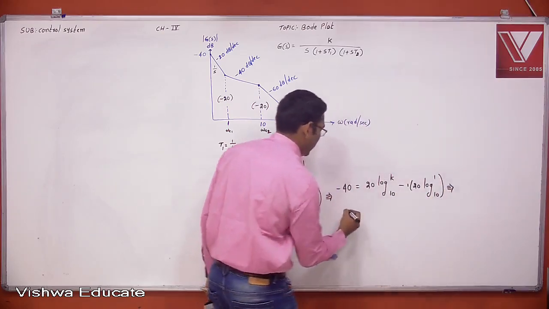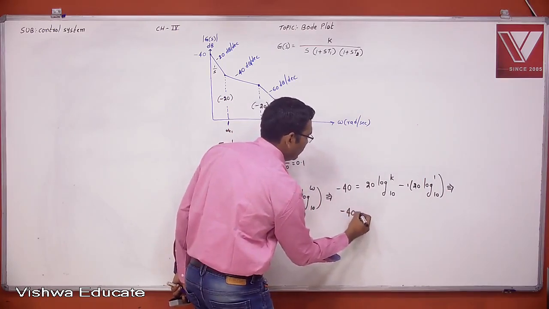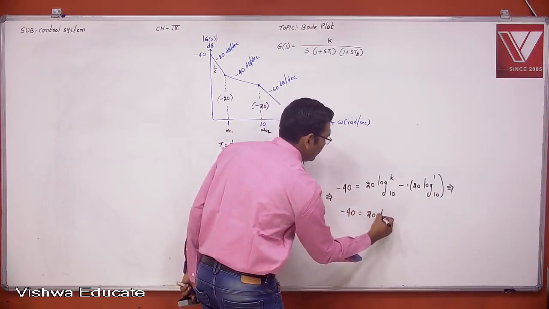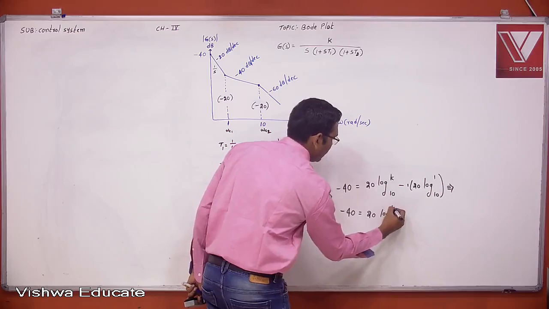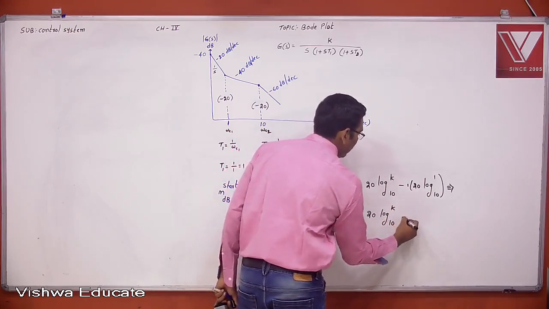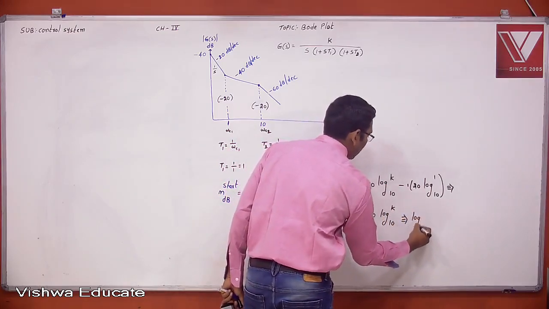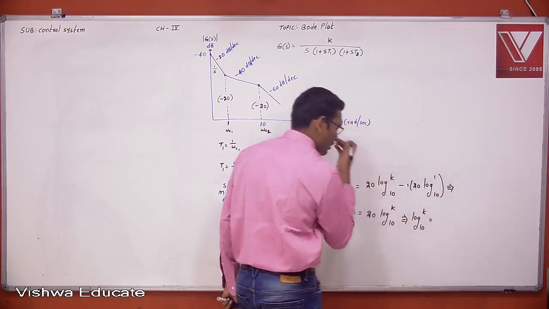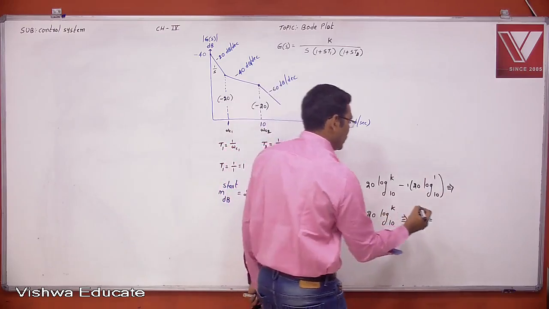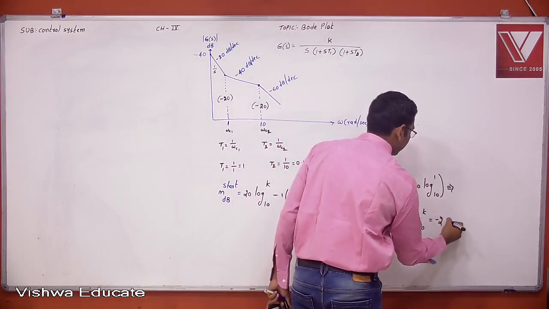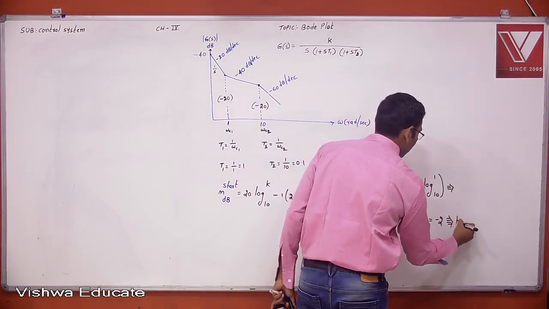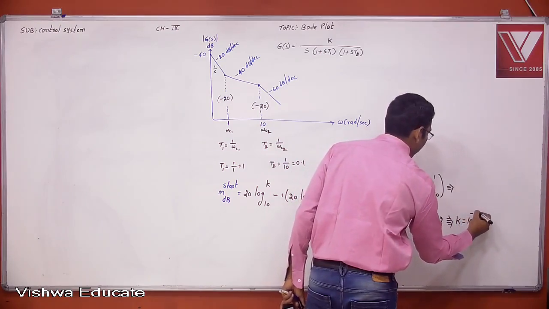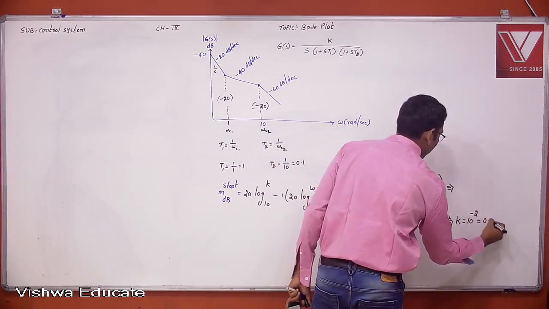Therefore minus 40 equals 20 log k base 10. Therefore log k base 10 equals minus 40 by 20, which is minus 2. Therefore k equals 10 power minus 2, which is 0.01.